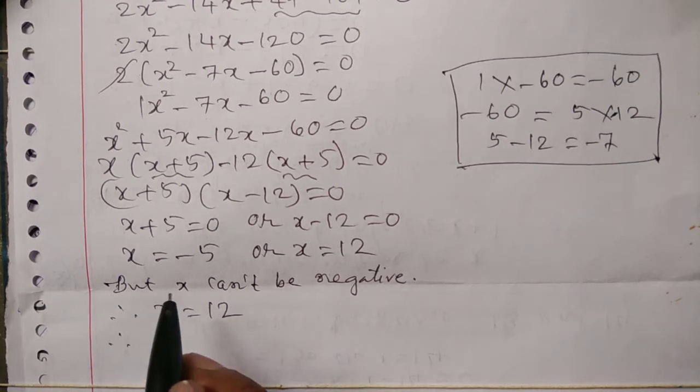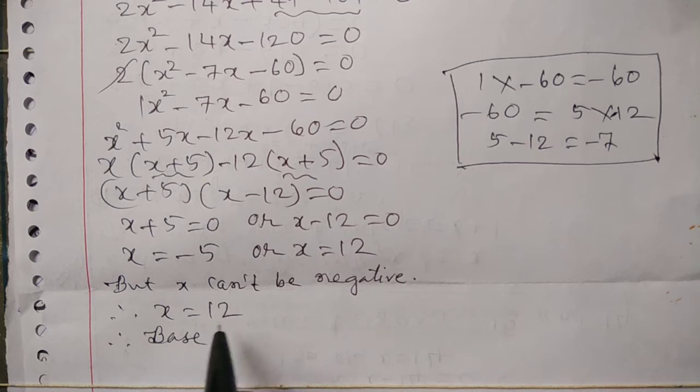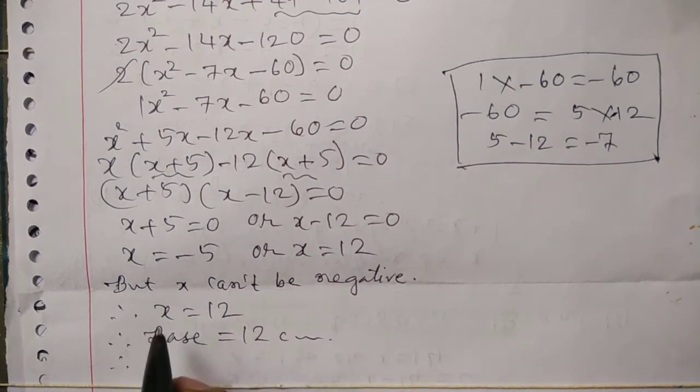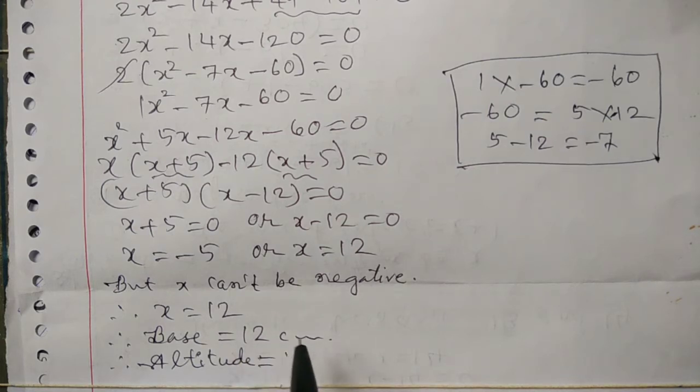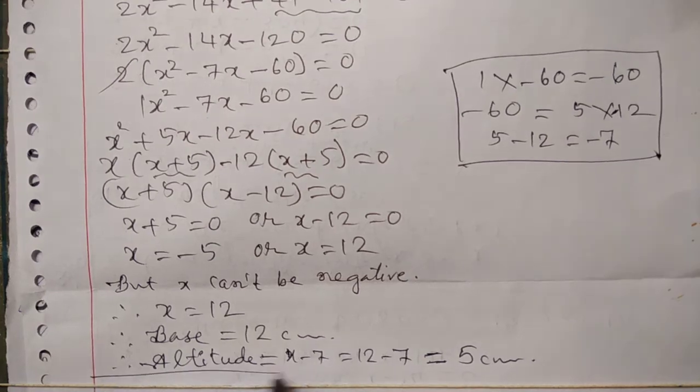Therefore, x means the base of the right triangle is 12 centimeters and the altitude of the right triangle, x minus 7, means 12 minus 7 is equal to 5 centimeters.